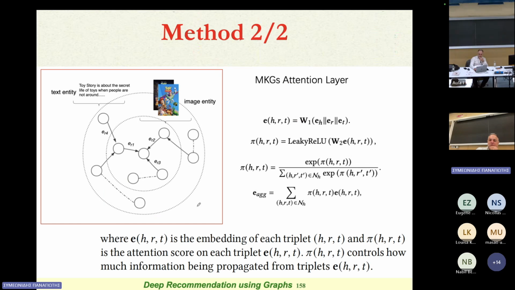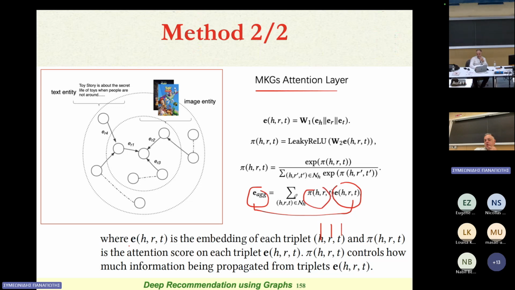structural information objects. Here you can see again the attention layer. We have discussed a lot about this. In the end, what they aggregate is this function, where, as you can see here, this E triplet is the embedding of the triplet, the head, the relation, and the tail, and P is the attention score of the triplet.